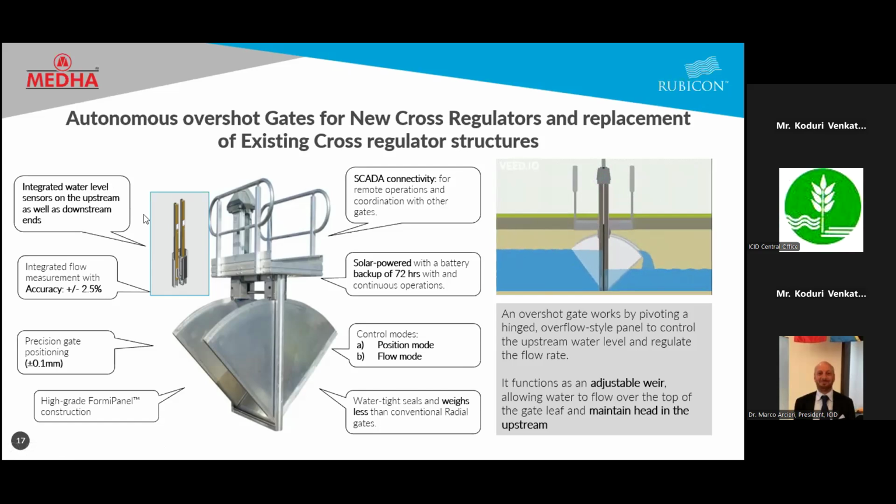They have an accuracy of plus or minus 2.5% integrated flow measurement, and the precision of the gate can range up to plus or minus 0.1 mm, which will help us to maintain the head to a very good extent. Head, when I say, is the amount of water that is rising in the upstream.